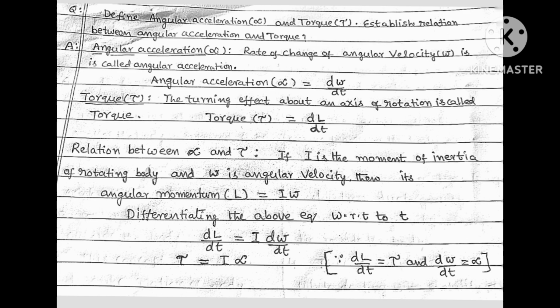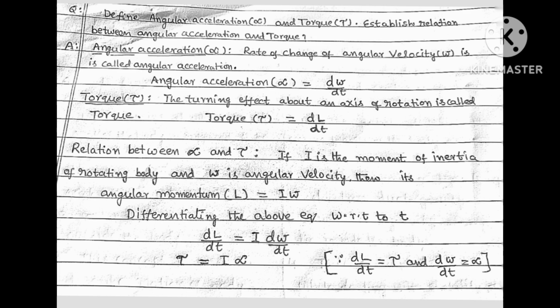Torque tau: the turning effect about an axis of rotation is called torque. Torque tau equal to dL by dt, that is, rate of change of angular momentum.